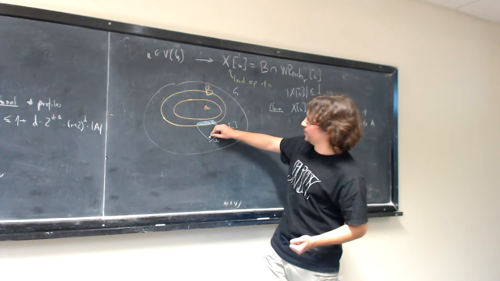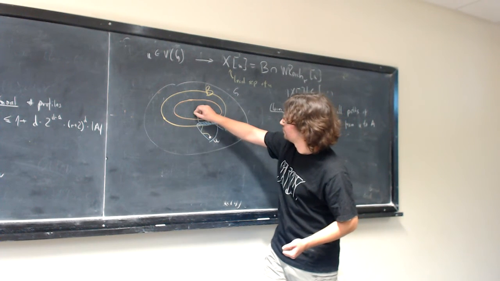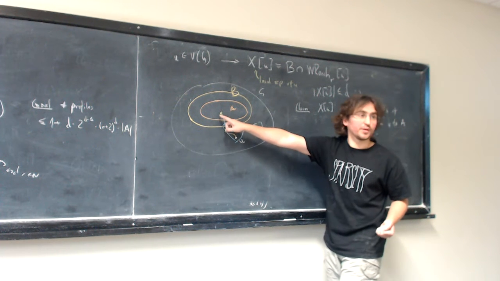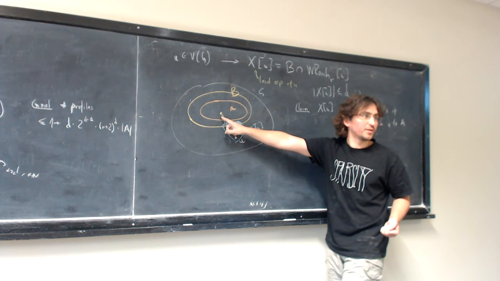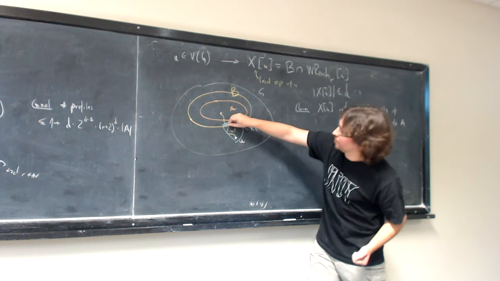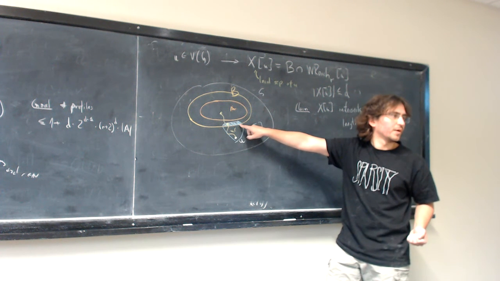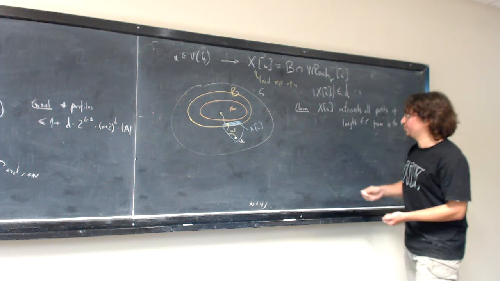If I have any path of length at most r from U to the set A that I'm interested in, then I claim that this path needs to go through this local separator.